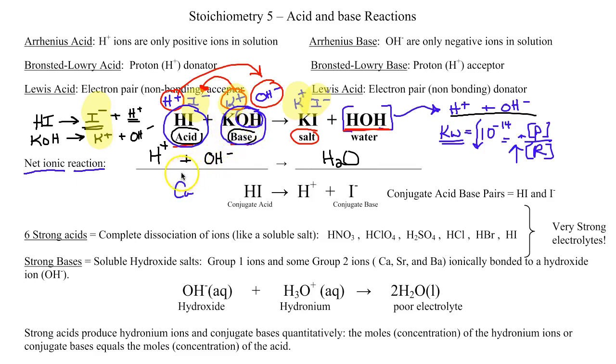All right, completely dissociate. Now, one more point I do want to make is that in our use of chemistry, very rarely do we do this type of net ion reaction. Very rarely do we have a strong acid with a strong base. Okay, it's almost useless. I mean, there are times where you might want to know how much of a base to add to an acid, sure, but in most of organic chemistry, we deal with weak acids and weak bases.